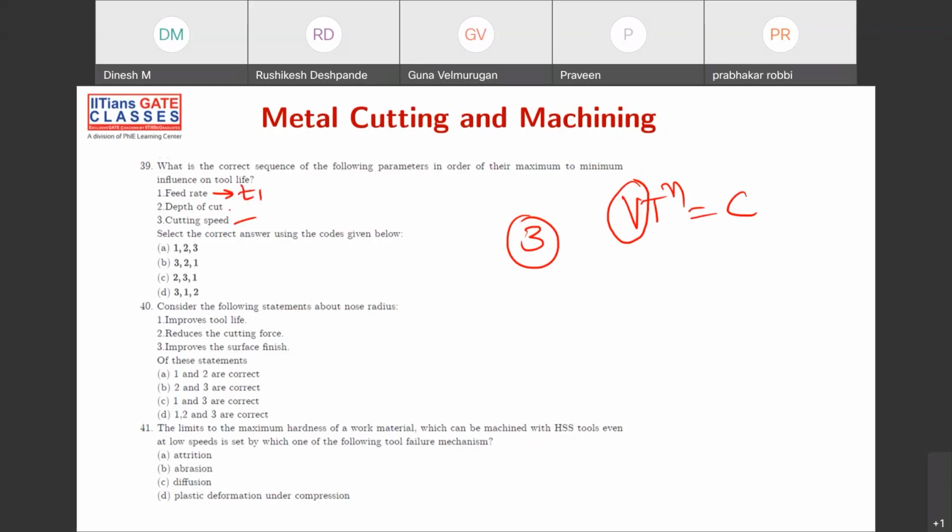Didn't I say this? I told you that feed is considered to be uncut chip thickness and depth of cut is what? Chip thickness. Yes or no? So now tell me, is tool life sensitive to uncut chip thickness or chip thickness? Is the tool life getting degraded very fast because of chip thickness or uncut chip thickness?